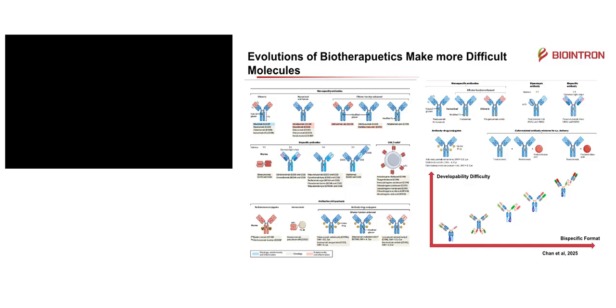So if you look at the format of bispecific, the developability difficulties are increasing because we have more and more combinations, let alone CMCs. The process to make such molecules in a preclinical setting is becoming more and more difficult.